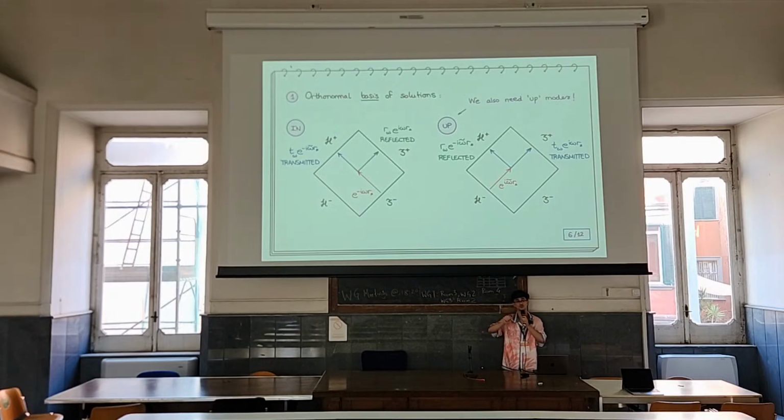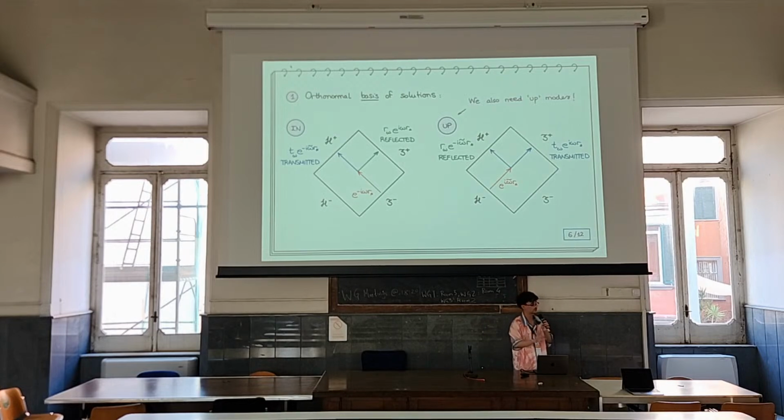But we need to have other type of modes, those that go outwards from the event horizon, that are called the up modes. And we need both modes for describing an entire complete basis of orthonormal solutions. Okay, and basically these up modes also get transmitted and reflected.